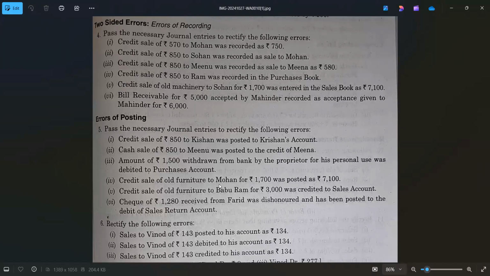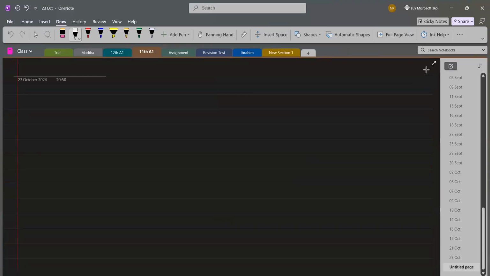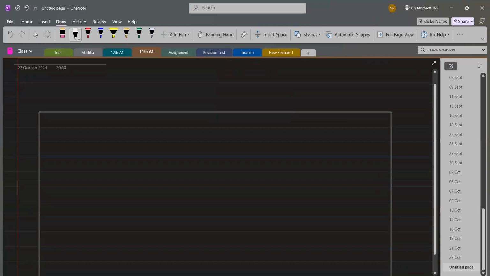So you can see these are two-sided errors. In the first one, question number 4, you can see: pass the necessary journal entries to rectify the following errors. Credit sale of 570 to Mohan was recorded as 750. First of all, I have to create the format of the journal.